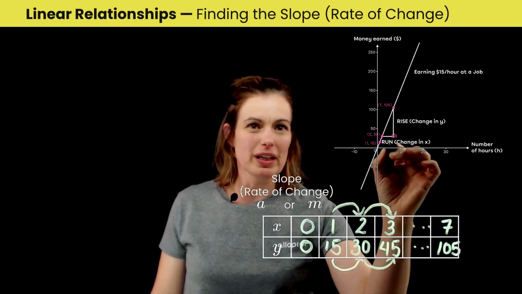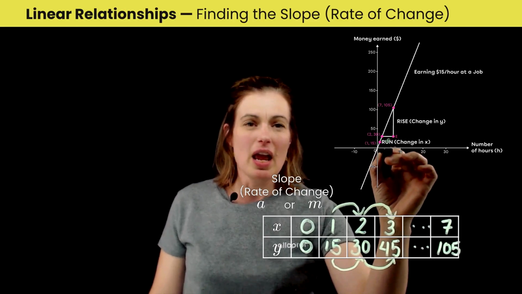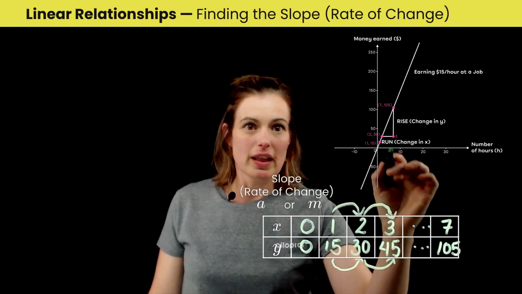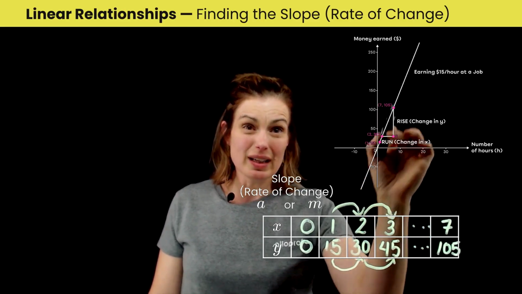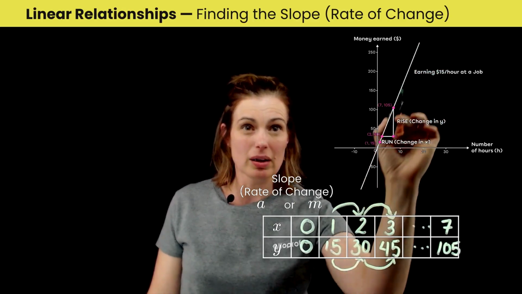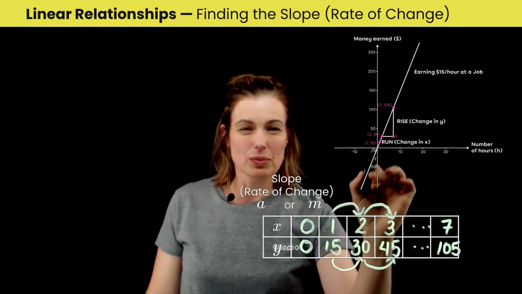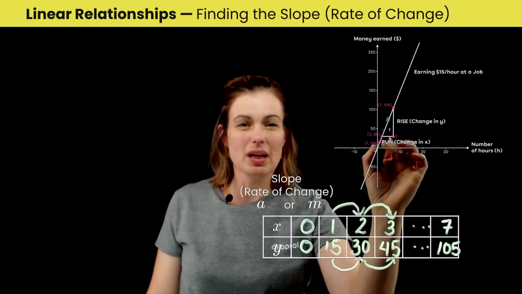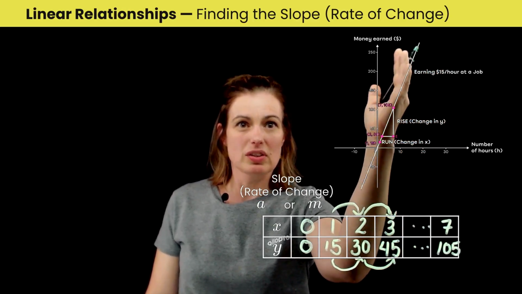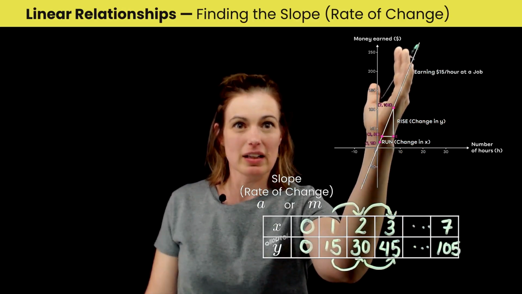And that's shown again here in our graph, okay? We've got that rate of change reflected directly in how steep our line is. That's why we call it slope, okay? Because the slope is how steep, it's the incline of that line.